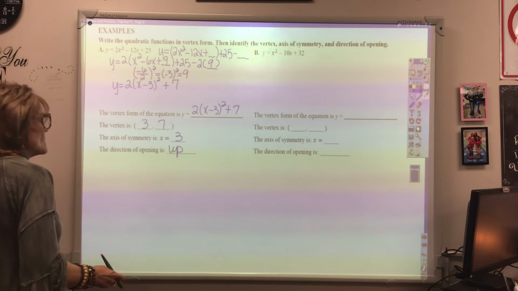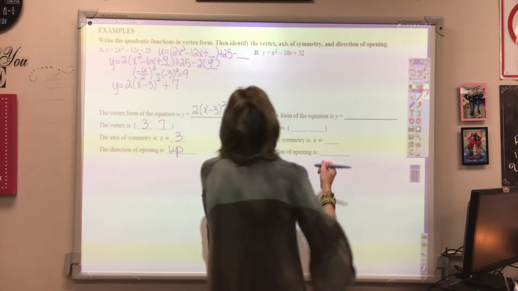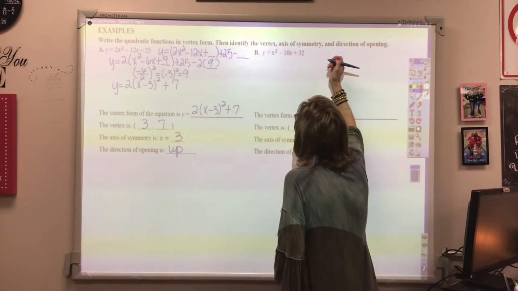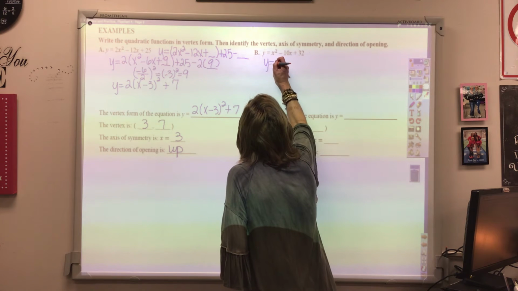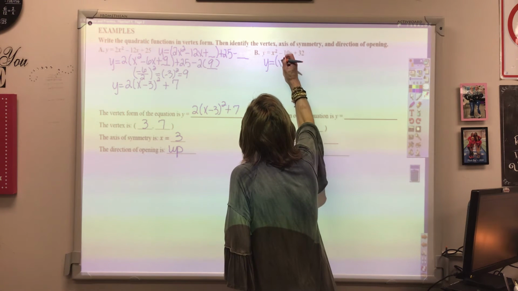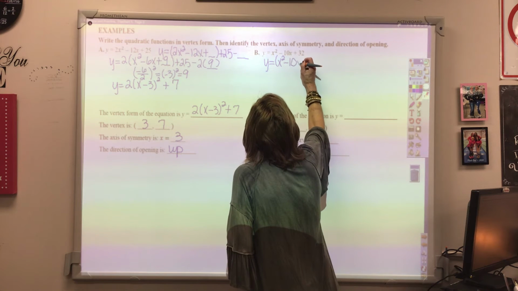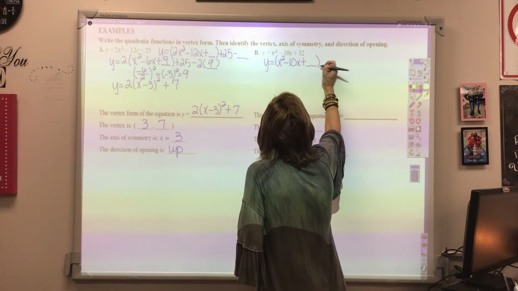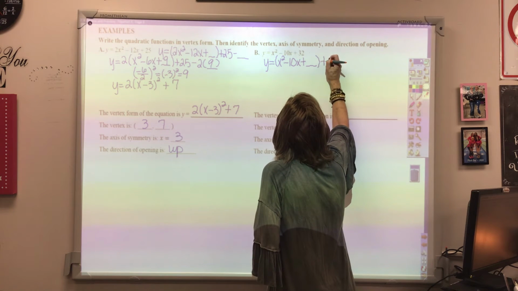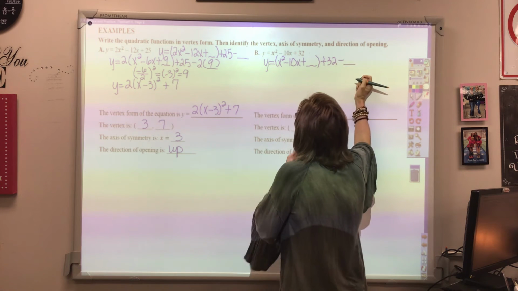Okay, on B, start by rewriting this as y equals, in parentheses, x squared minus 10x plus a blank. Outside of the parentheses, do plus 32 minus the blank.